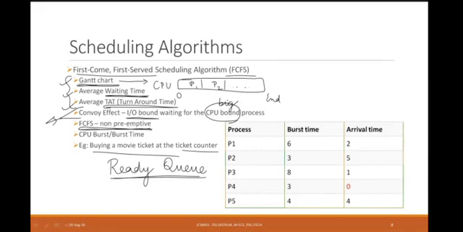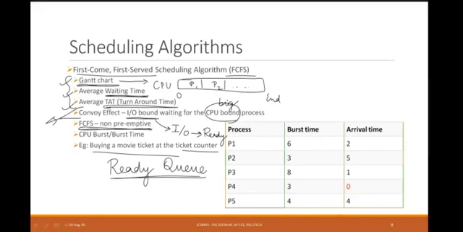All the IO bound processes will assume that they are doing their IO operations. After completing their IO operations, they come back to my ready queue, because there is already one big CPU bound process which is executing. So IO bound processes, after completion of IO, are moved to the ready queue.